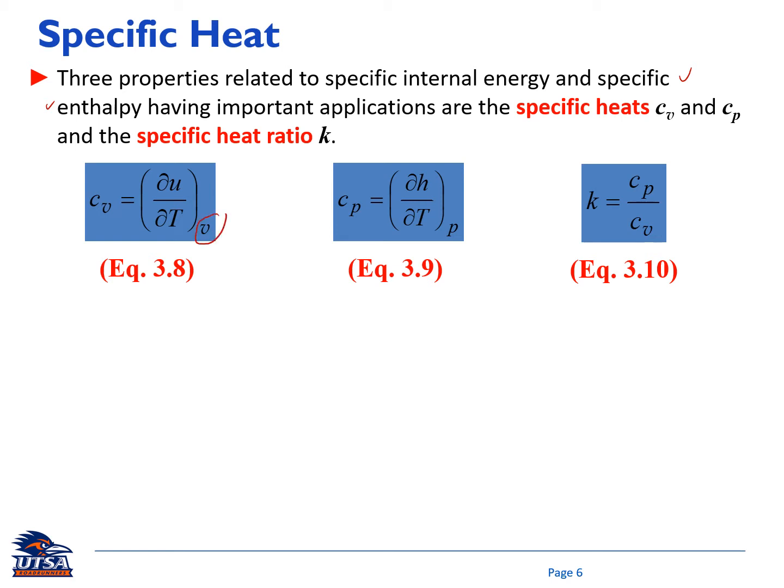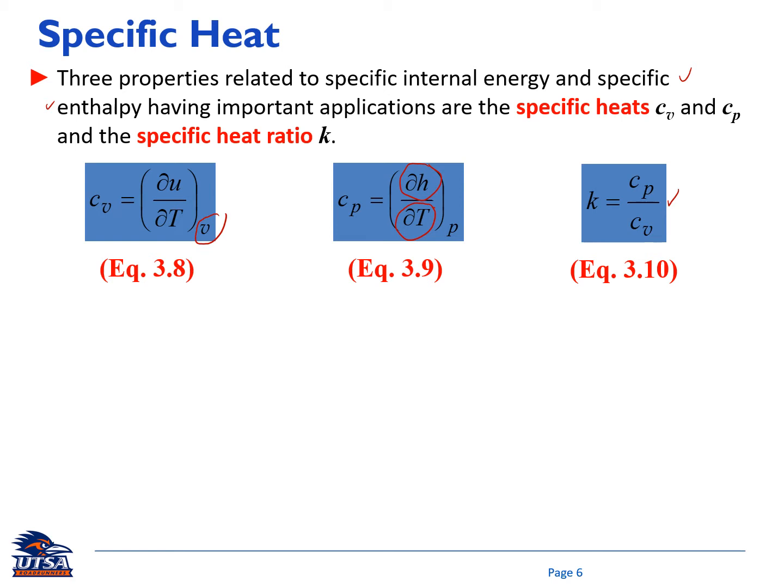Similarly, Cp is the specific heat at constant pressure. This is delta h over delta T, equation 3.9. The third property is the ratio of Cp over Cv, equation 3.10.